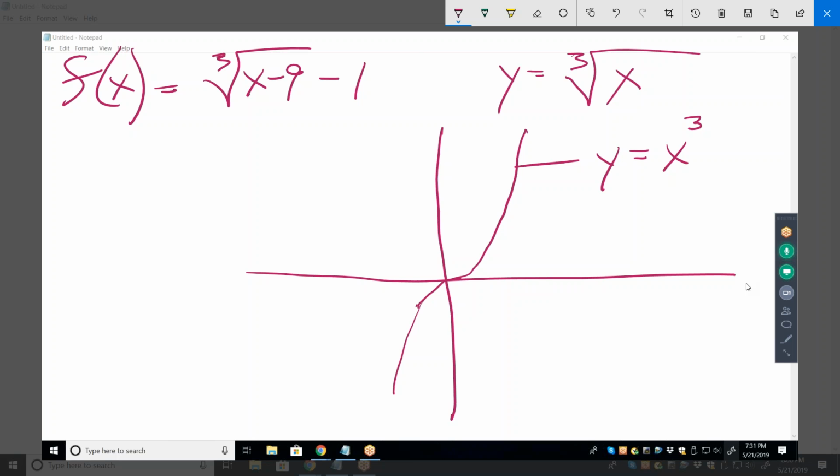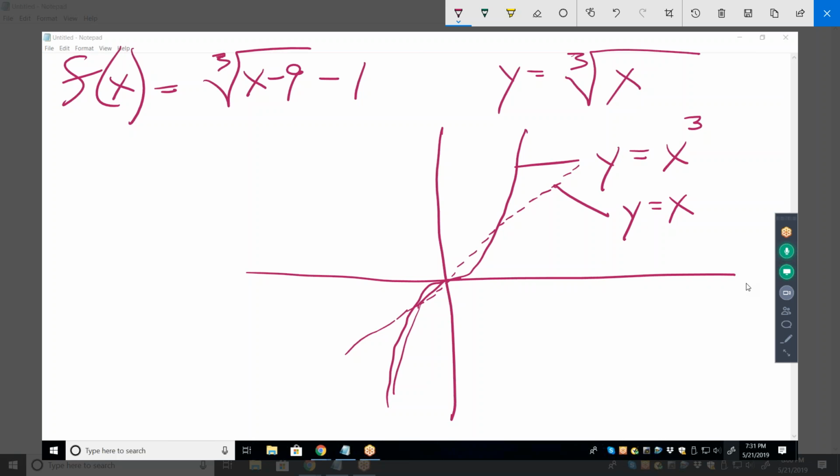And inverses are discovered by reflecting about the line y equals x, which is that red dotted line. All inverses, no matter what you're talking about, including calculus, all inverses graph as a reflection over the line y equals x.